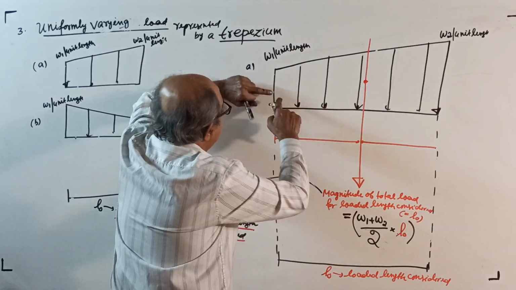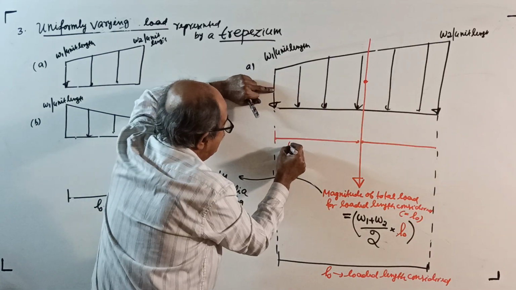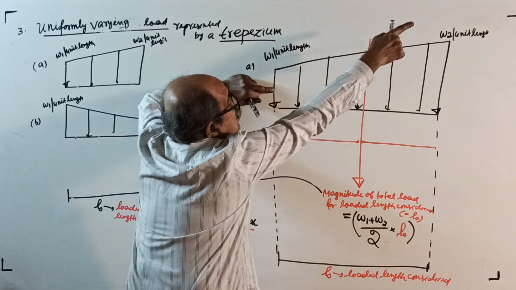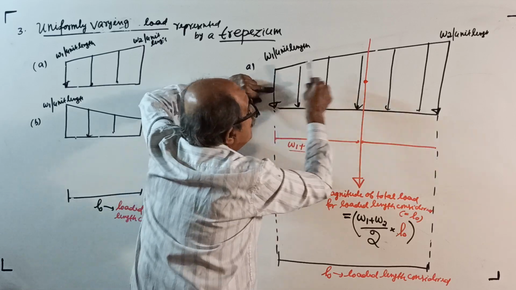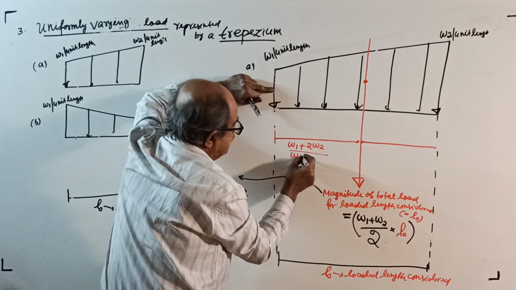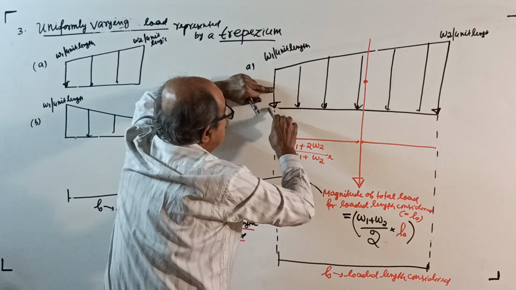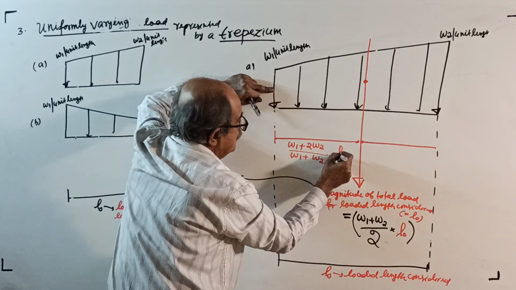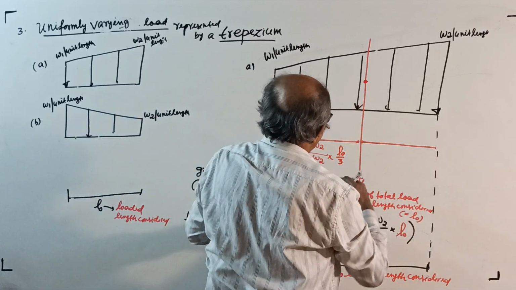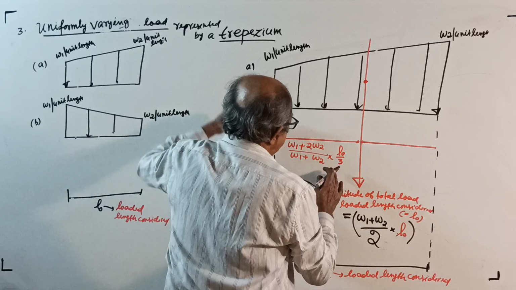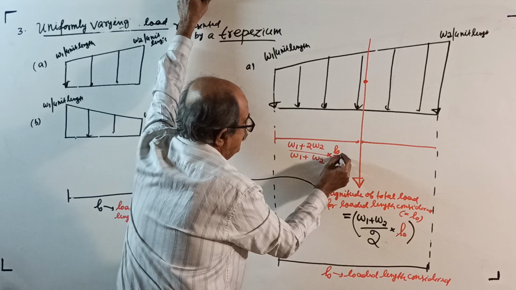I told you the formula, explained thoroughly last time: from this side, W1 plus twice of that side, divided by the sum of the two sides, into L0 divided by 3.